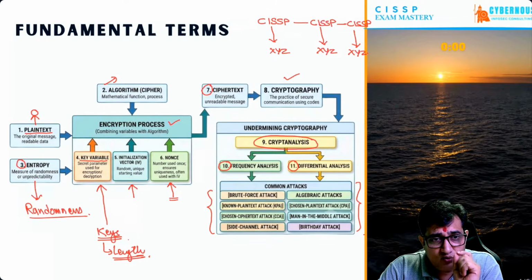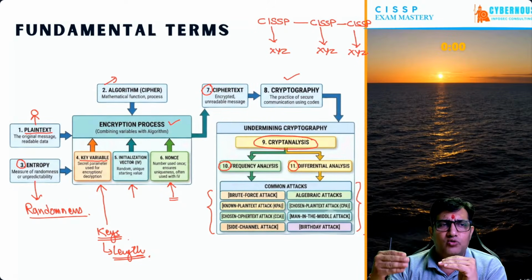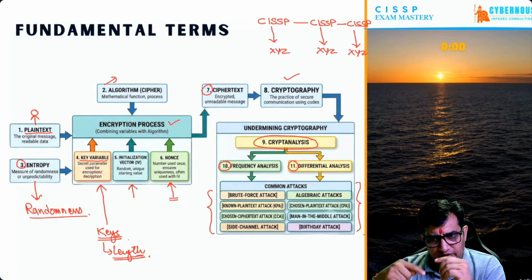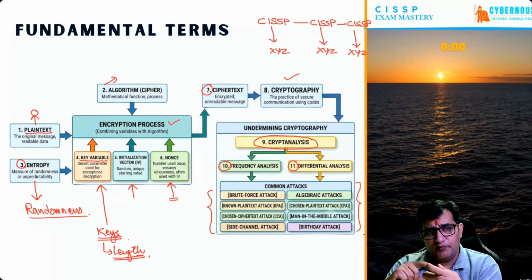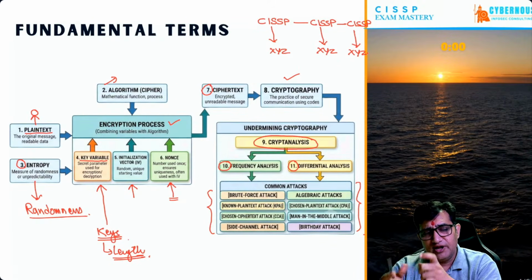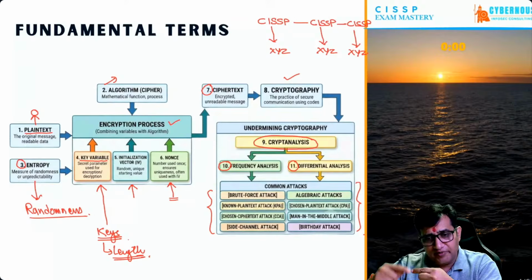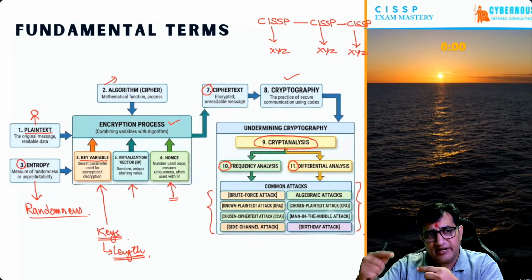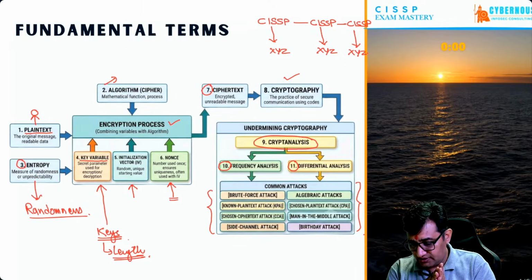An initialization vector is only used for the first block, but a nonce comes with some mechanism, let's say a counter. For every block, the counter keeps incrementing, and you perform some kind of XOR operation between your nonce and the counter, and you produce the next nonce. So a nonce can be automatically regenerated in the entire chain. That's the major difference between an initialization vector and a nonce.